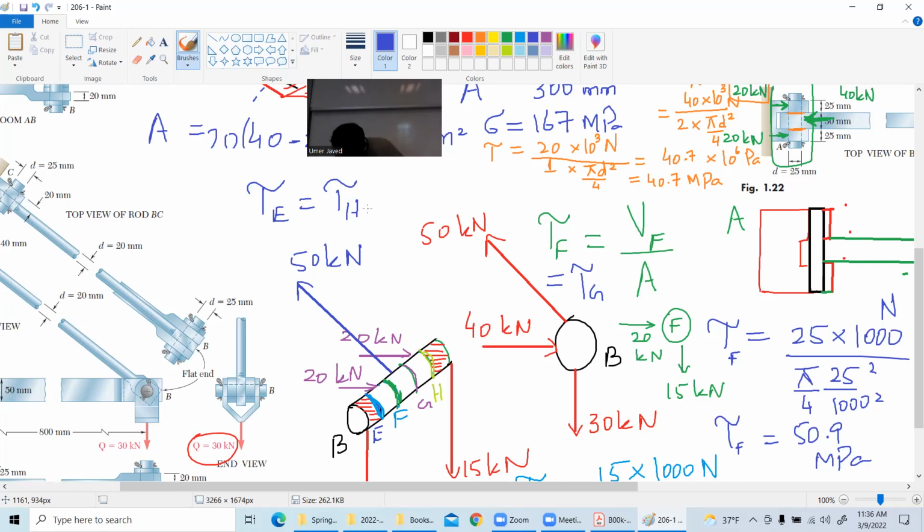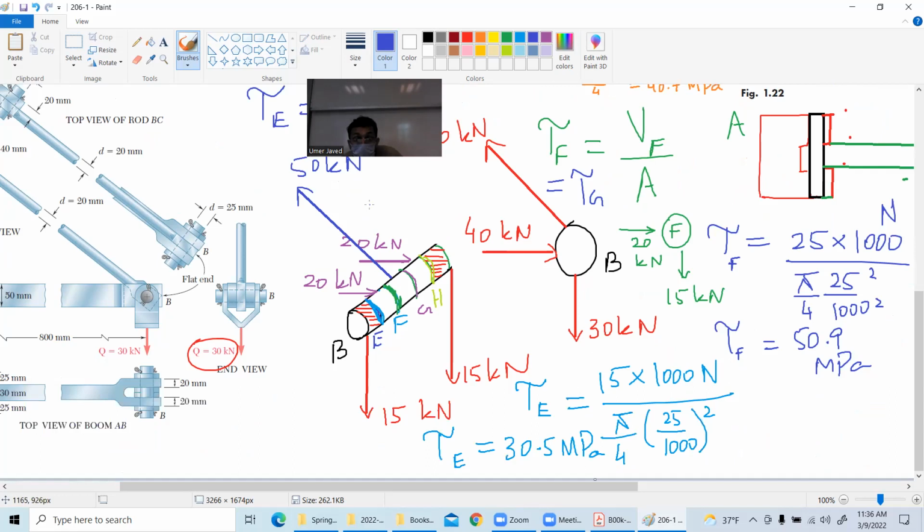Just for the sake of completeness, one of the students mentioned Pythagoras. So I will put F, and I will put 20 kilonewton and 15 kilonewton.